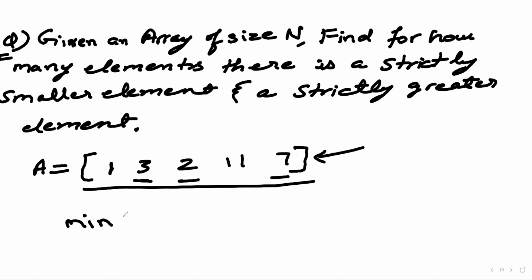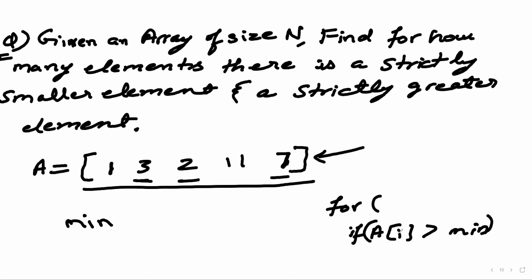If I find the minimum element in this array, all I need to do is run another for loop, and in that loop I check if a of i is greater than min. That means that element i has a strictly smaller element.